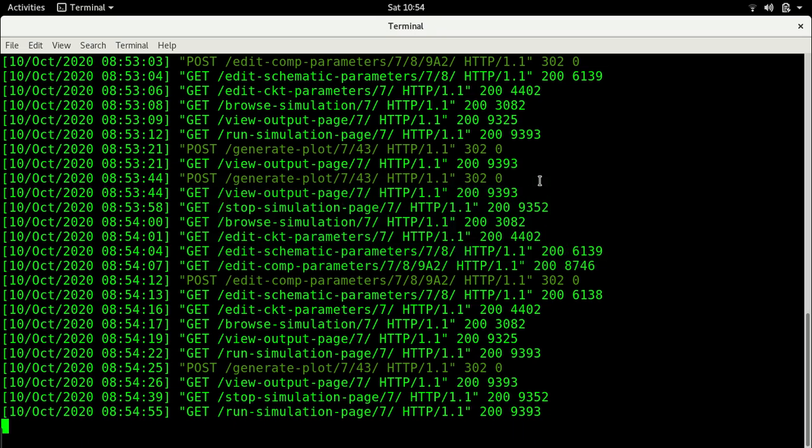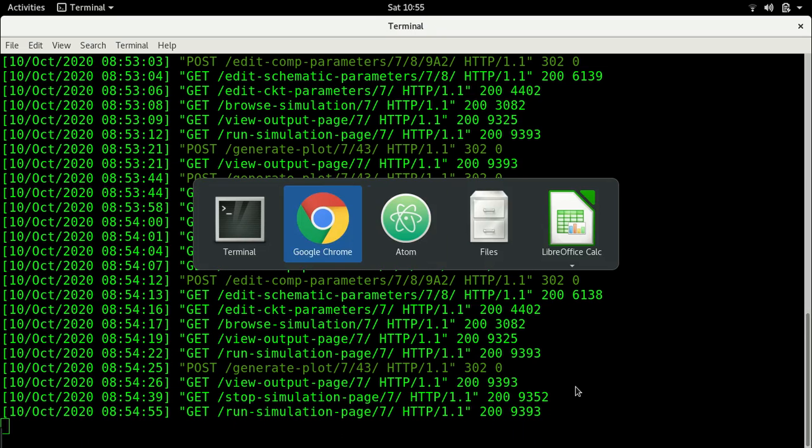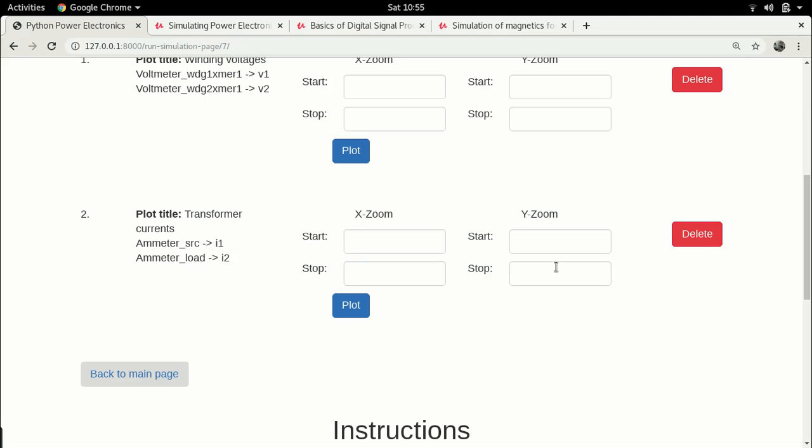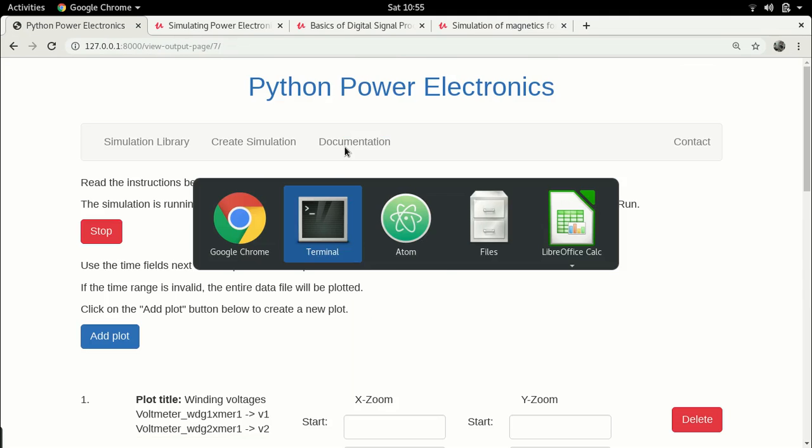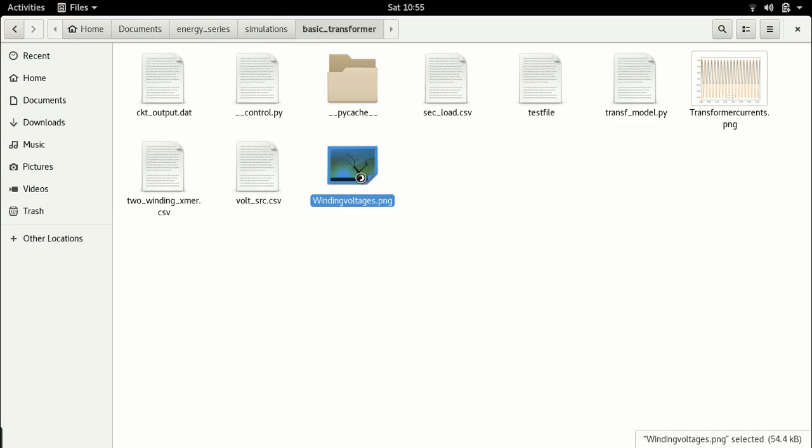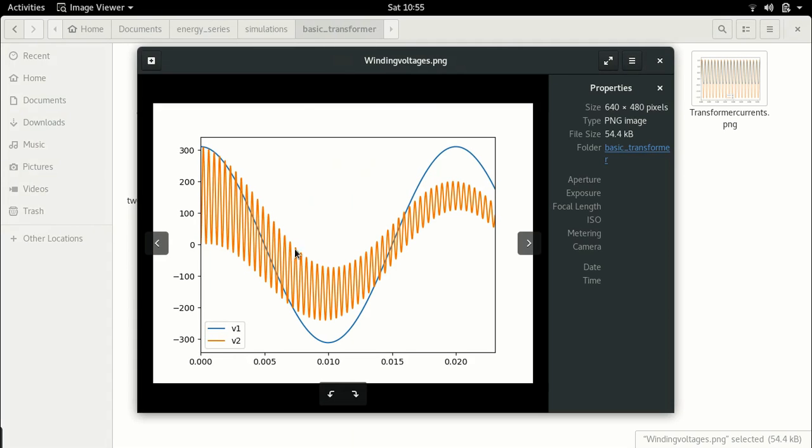Let me go over. There is no error. And now let me plot it again. Yes, it has decreased, or at least it's stabilizing a little faster. The only solution looks like I would have to decrease the time step of simulation.